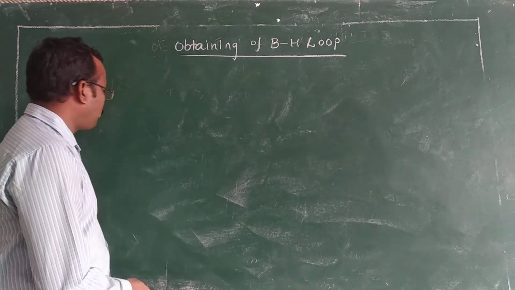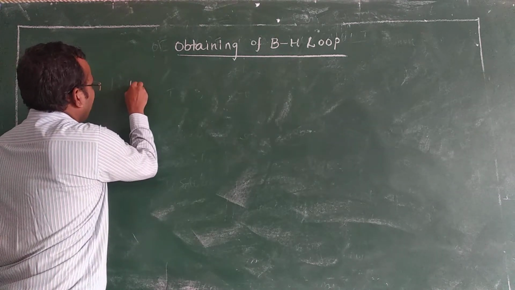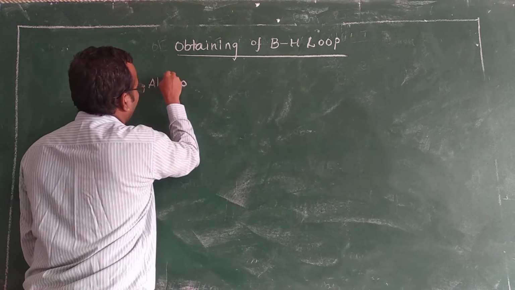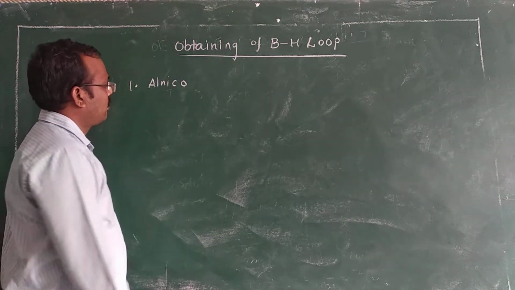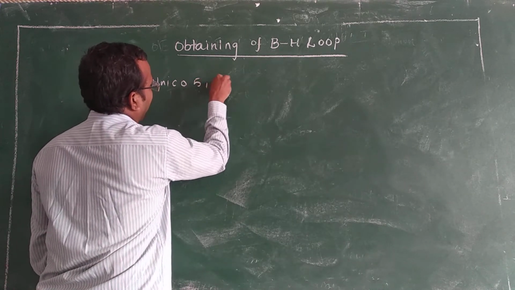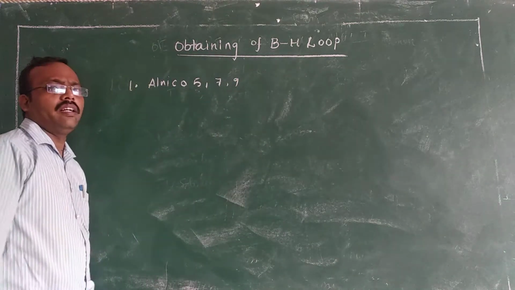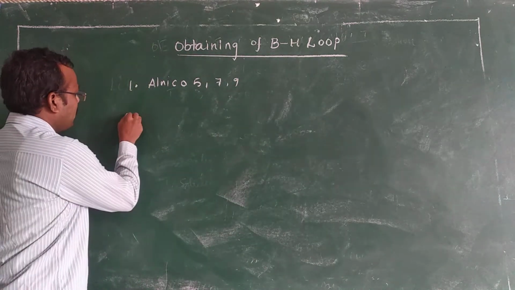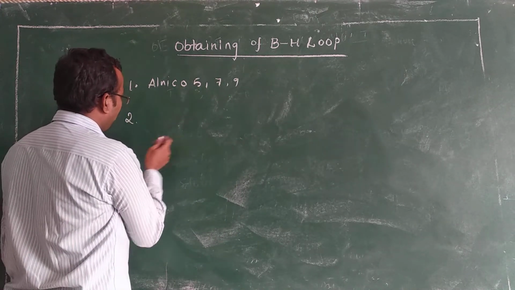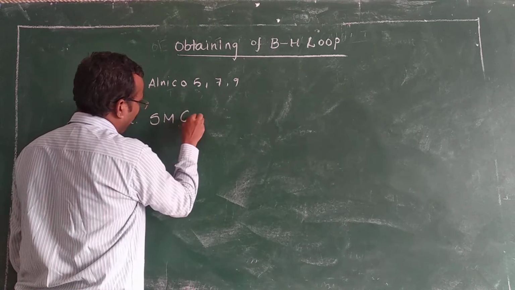So we have four types of permanent magnet materials. One is alnico magnets with the different grades 5, 7 and 9. The next one is samarium cobalt, SmCo.